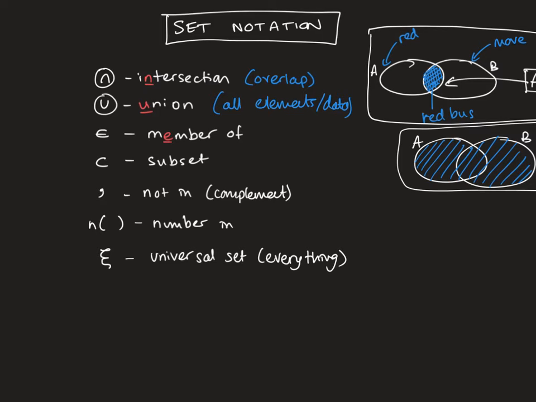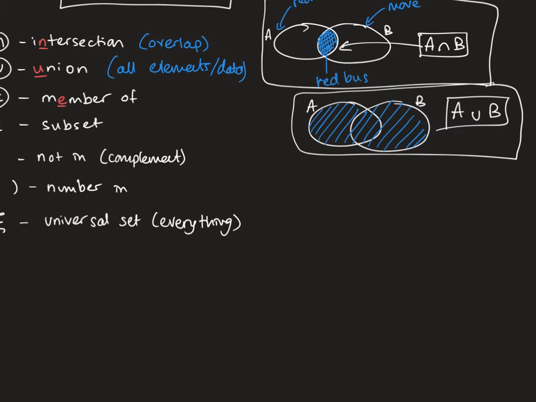Now the next one to look at is a member of. We might use that, for example, if we have a set. Let me give you an example. One of these could be prime numbers, primes, and these here could be even numbers.